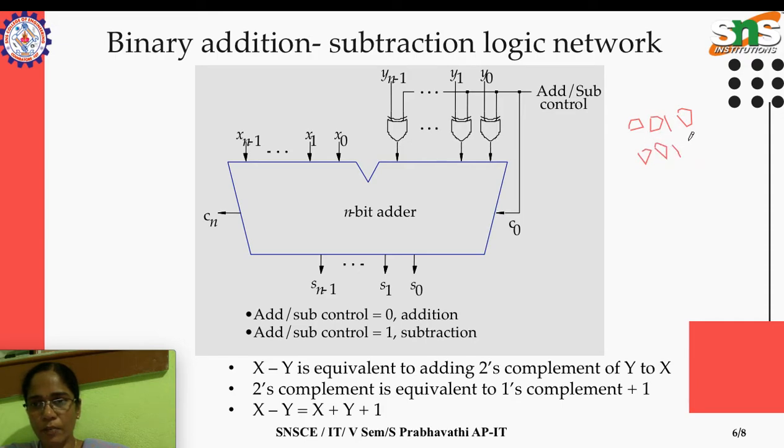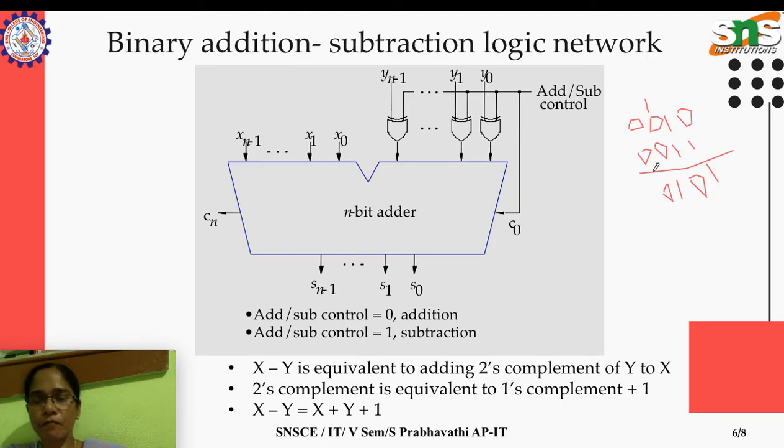When I perform addition, what's happening? 0 plus 1 is 1, 1 plus 1 is 0, and it produces the carry 1. So 1 plus 0 plus 0 is 1, and the result is 0 1 0 1. So this is 5. 2 plus 3 is 5.